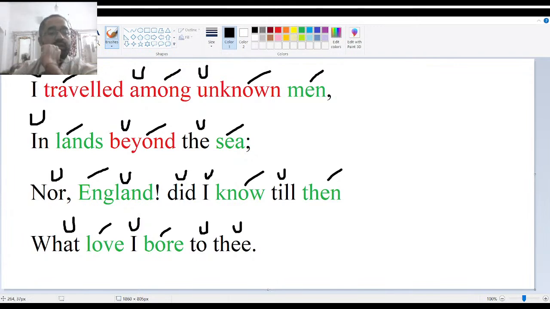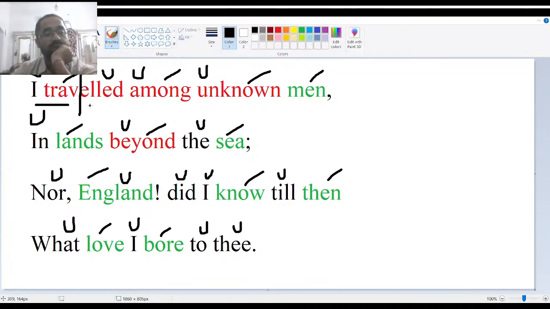I travelled. I forgot to put an unstressed mark here. I travelled. Where do you put the stress next?